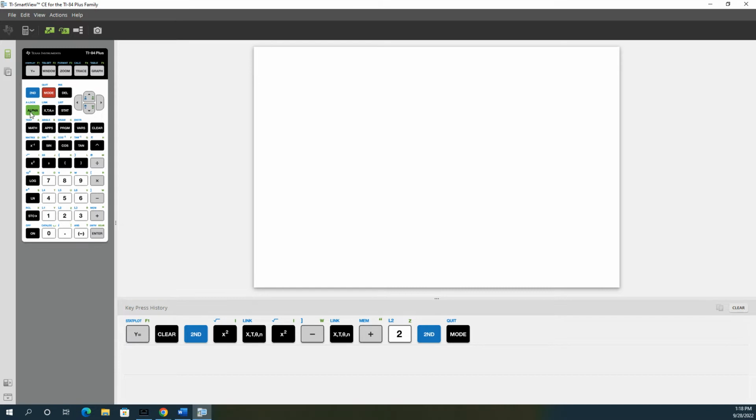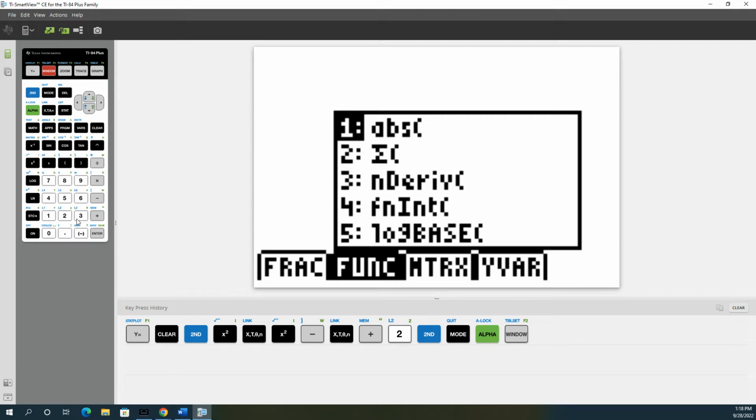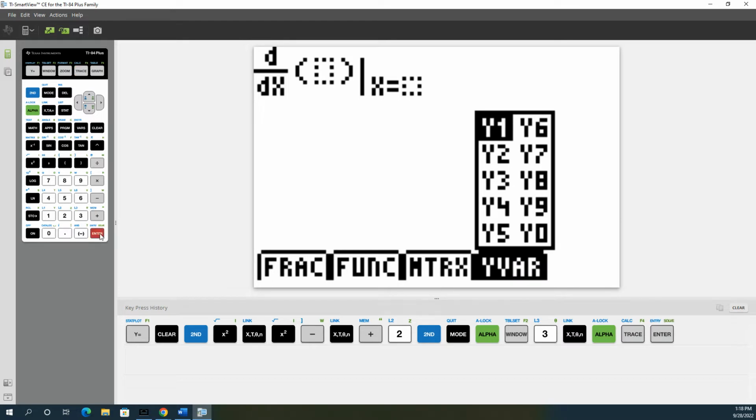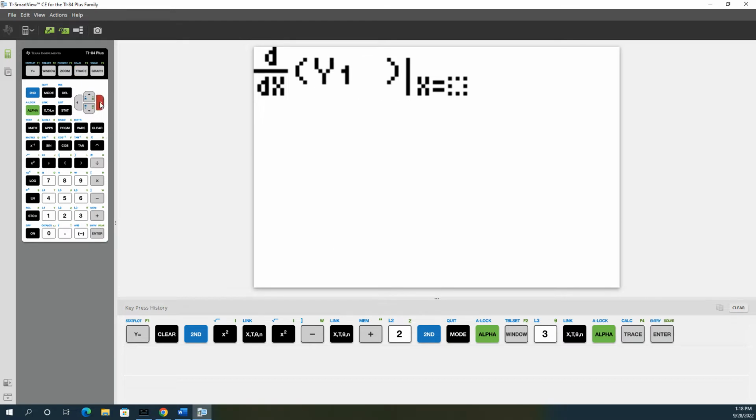So the steps are to do alpha window and choose number 3. Our variable that we're dealing with is x. Our function we stored in y1. So to get y1, we do alpha trace, and then that first one is y1. And we want to find this derivative when x is 0.